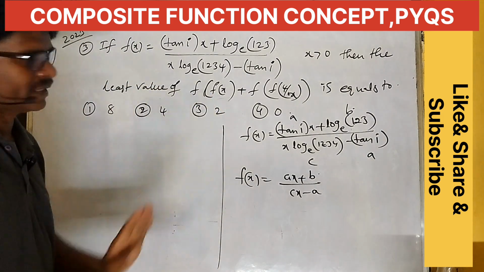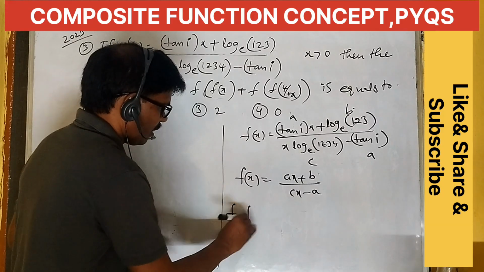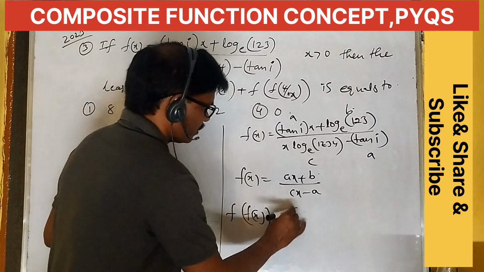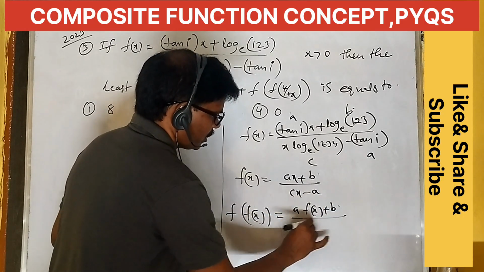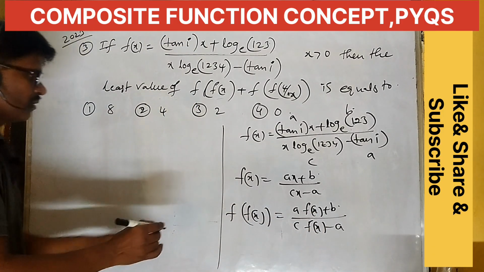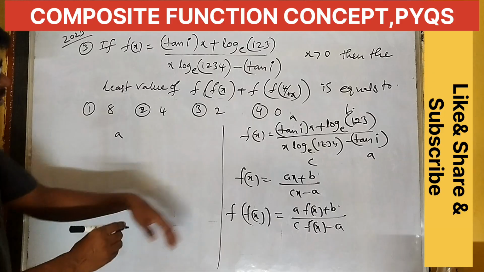You want the f of x value. Find the f of x value. F of f of x is equal to a into f of x plus b by c into f of x minus a. Okay, simplify this one here. F of x is equal to a into f of x. What is f of x?